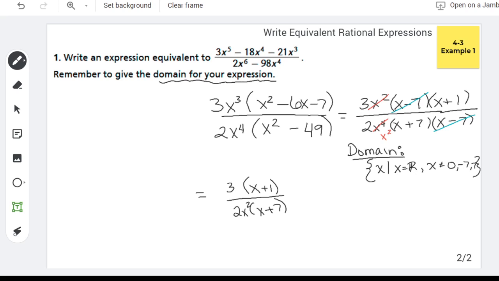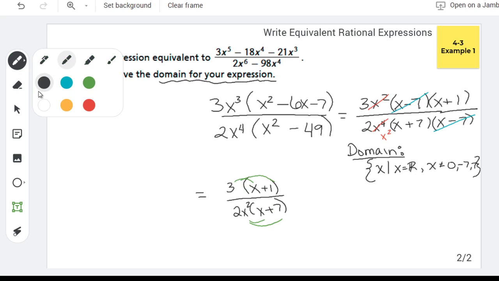And so some people are good with this as their final answer, and then other times there will be problems that'll ask you to distribute. So it just kind of depends on what your problem's asking you to do. So I'm going to distribute both of these to the parentheses just to have a final solution.